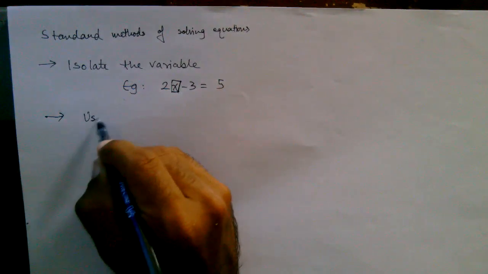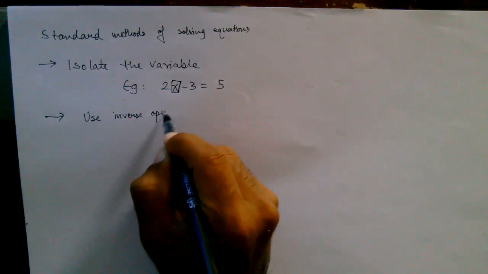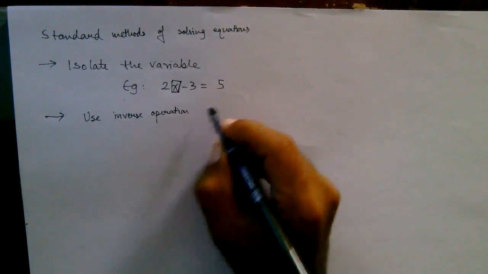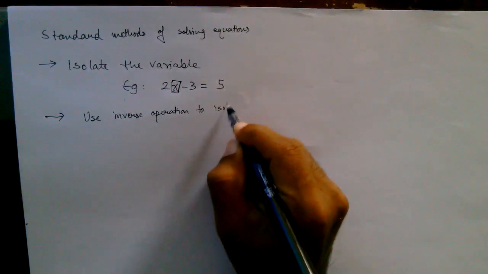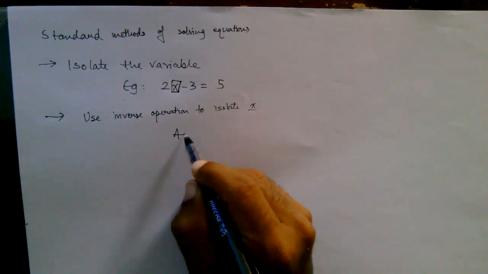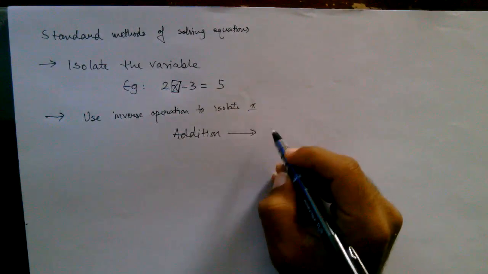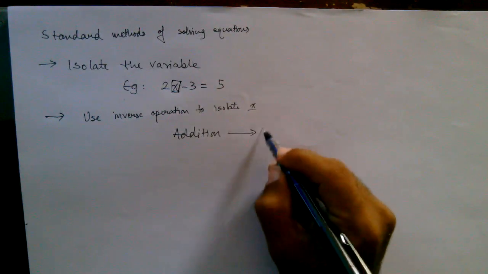And we can use inverse operations to isolate x. What that means is, if you have addition, you can cancel that by subtraction.